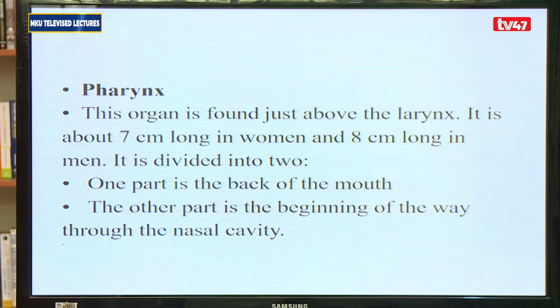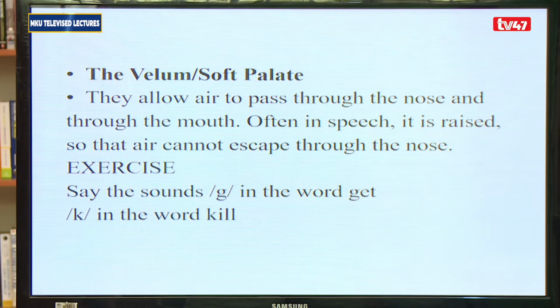As we go through this lecture, you have to keep imagining where these organs are. Where is the back of the mouth? Where is the nasal cavity? That way you'll be able to picture where the organ is. The second organ that we have is the velum. The velum is also referred to as the soft palate.